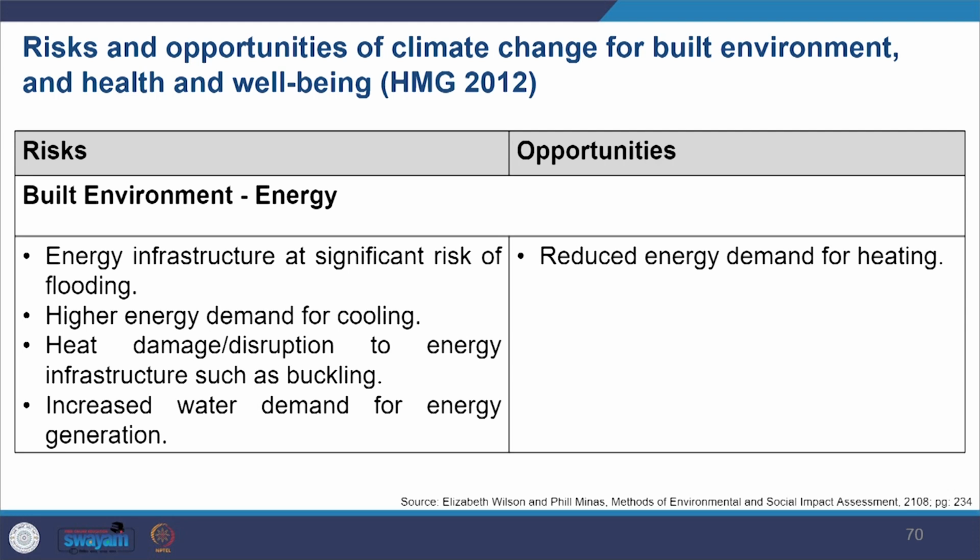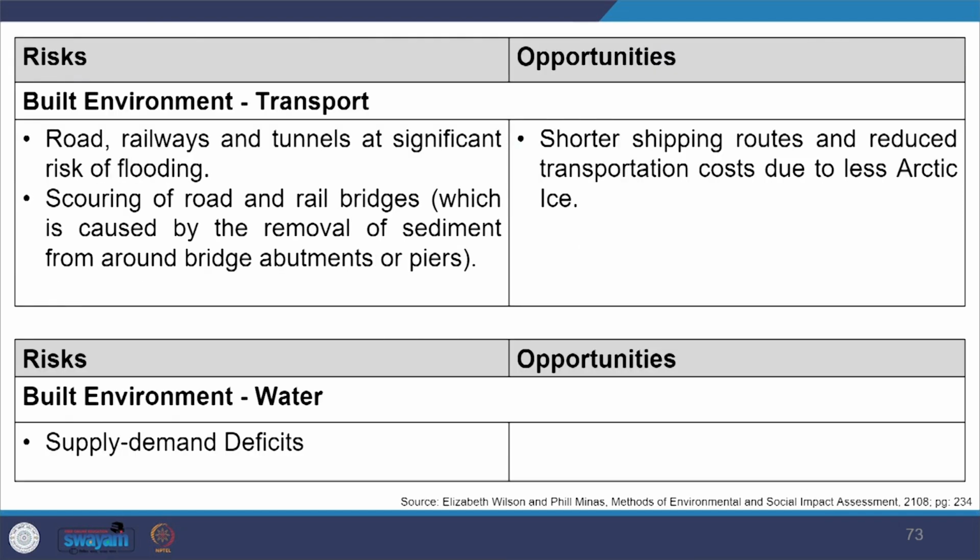For example, you can see energy infrastructure at significant risk of flooding as a potential risk, and reduced demand for energy for cooling as an opportunity. So, you can see what kind of risks and what kind of opportunities are there with all these kinds of projects. Likewise, you may review transportation projects and water projects.